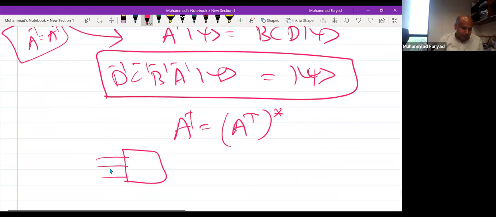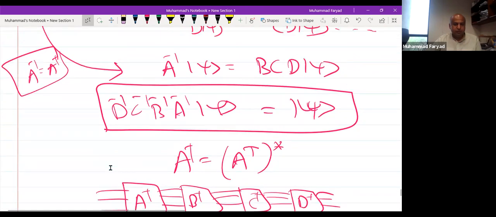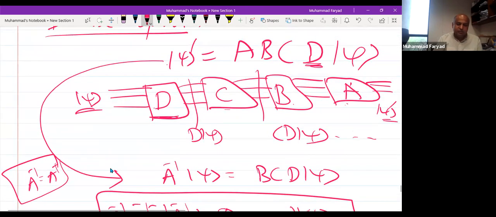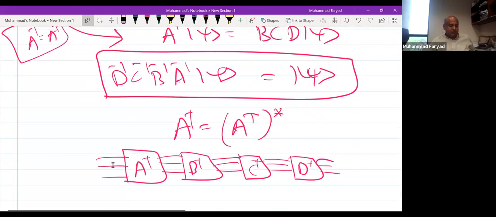I first apply A dagger, then B dagger, then C dagger, then D dagger, and then I get my output. So we need to apply these operations in reverse, starting from A, then B, then C, then D, but also their daggers. And daggers have these transpose and conjugate parts.